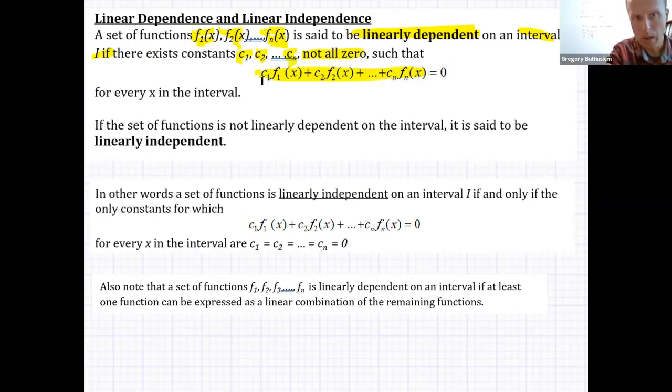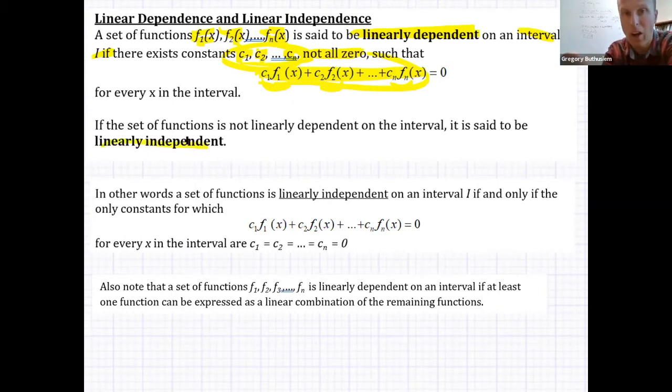So c1 times f1, c2 times f2, c3 times f3, all the way up to cn times fn, all added together equals 0. If there's a set of constants for which we can make this happen, then those functions are considered to be linearly dependent. If not, then we say that they're linearly independent.